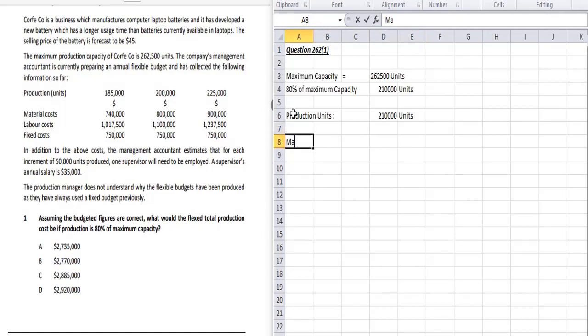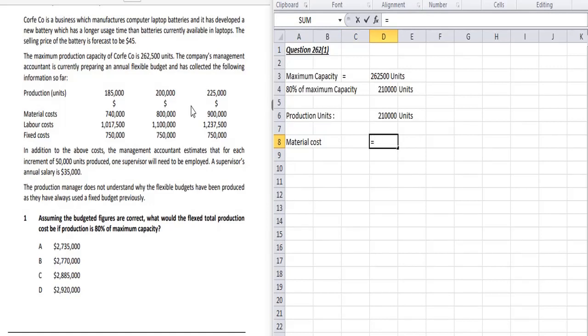Then material cost first. Let's check whether material cost is fixed, variable or semi-variable. If you divide the total cost by the particular units, in all cases we get the same variable cost per unit. It means that it's a variable cost, because variable cost will be constant per unit, right?